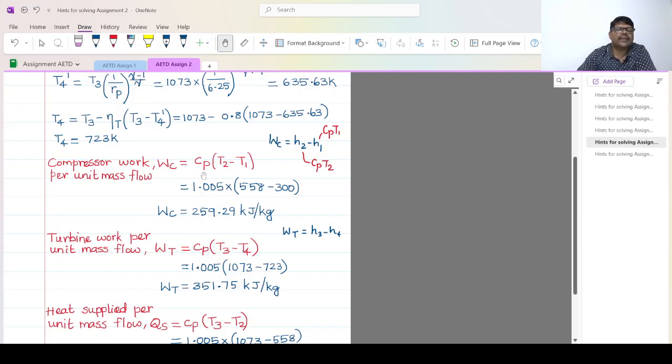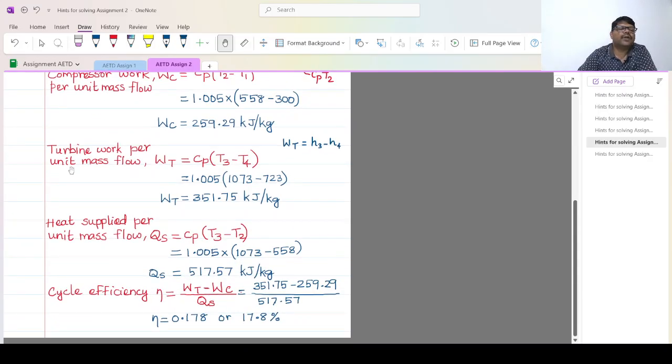The Brayton cycle being the air standard cycle, I'll take the value of specific heat of air. So upon substituting all the known values, I get the value of Wc as 259.29 kilojoule per kg.